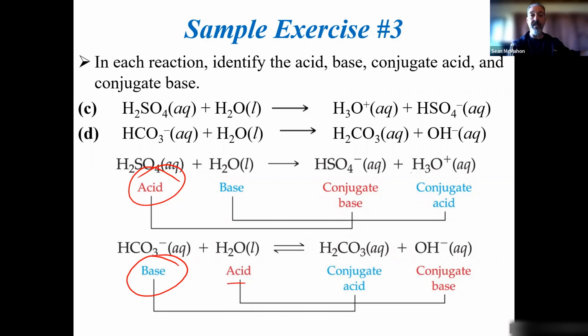If it's in the presence of a base, it will neutralize that base and donate a proton and behave like an acid. So it has the capability of doing both. So that makes it what's referred to as amphoteric. If it's in the presence of an acid, it'll behave as a base to neutralize it. If it's in the presence of a base, it'll behave like an acid to help neutralize it.